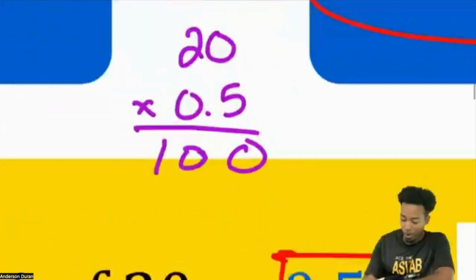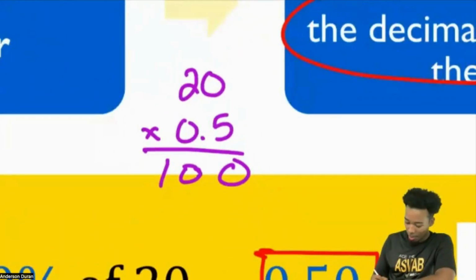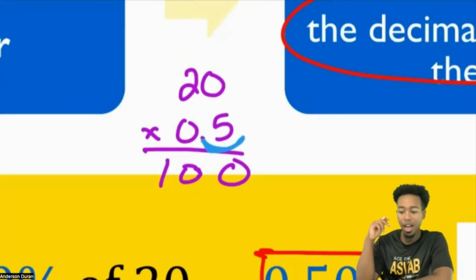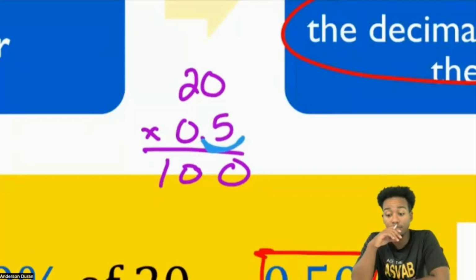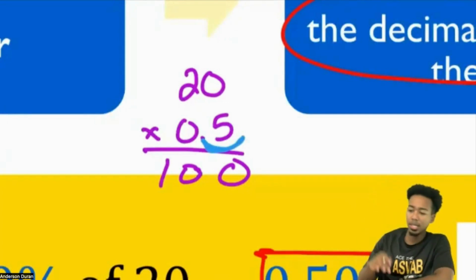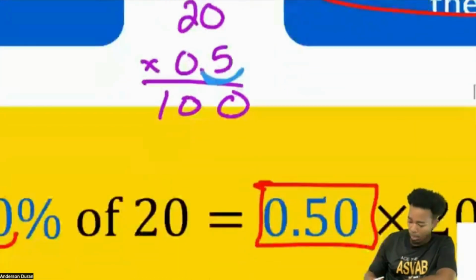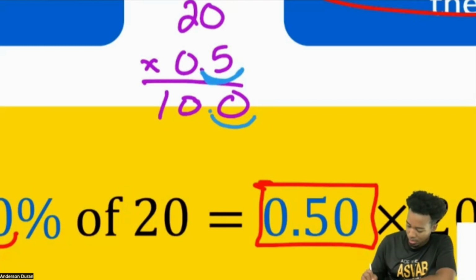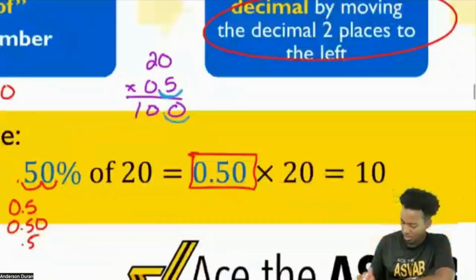So if I zoom all the way in here, everybody, how many decimal places is this? Right. In this case, just 1. And so that's why we have 100, but it'll actually be 10. And that's how we get 10.